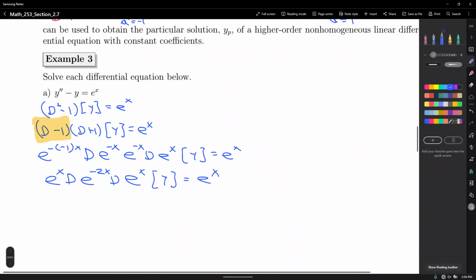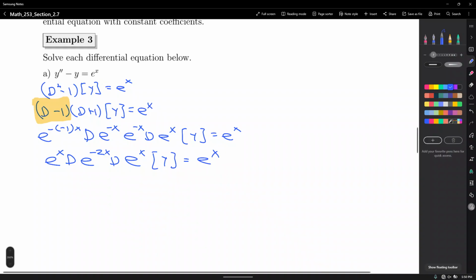So the way we're going to go about this is to eliminate everything from left to right until we get the y by itself. First of all, we're going to divide by e to the x. This is going to leave us with d e to the negative 2x times d e to the x, y equals 1.